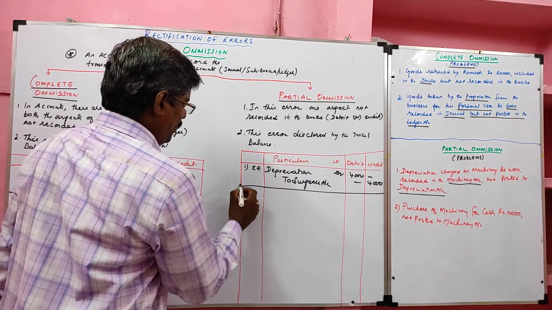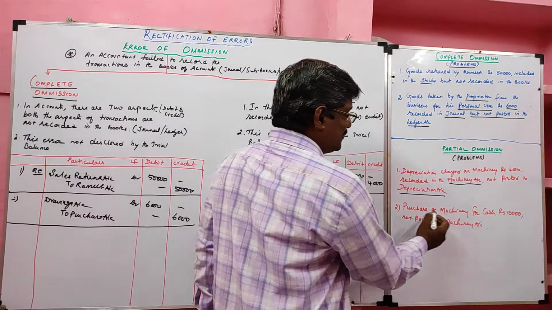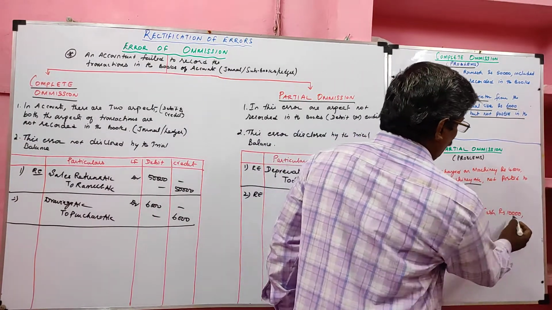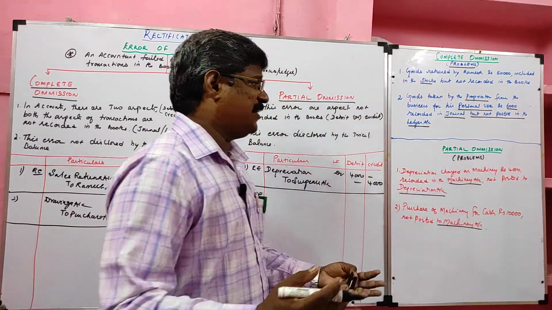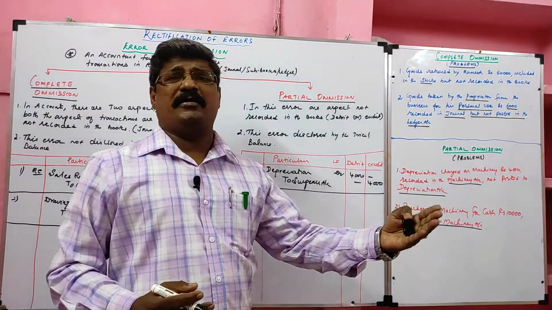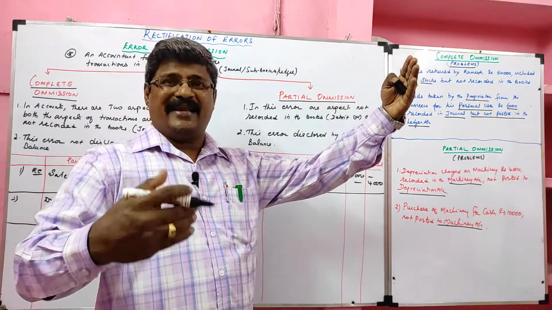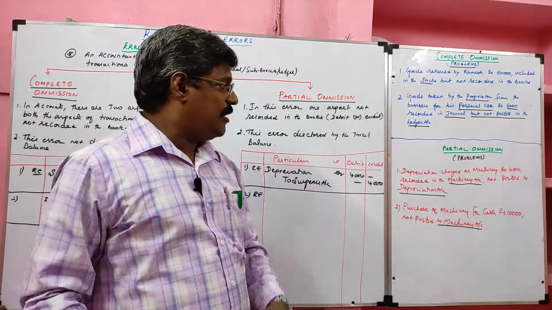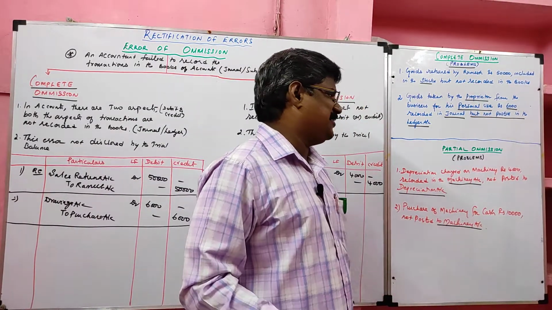Next, sum number 2, rectified entry I am going to record. Purchase of machinery for cash, rupees 10,000, not posted to the machinery account. When we buy machinery for cash, what is the posting? Machinery account debited, cash account credited. In the machinery account, we should post on the debit side. In cash, we should post on the credit side. But what they did, they posted to the cash account, not to the machinery account.